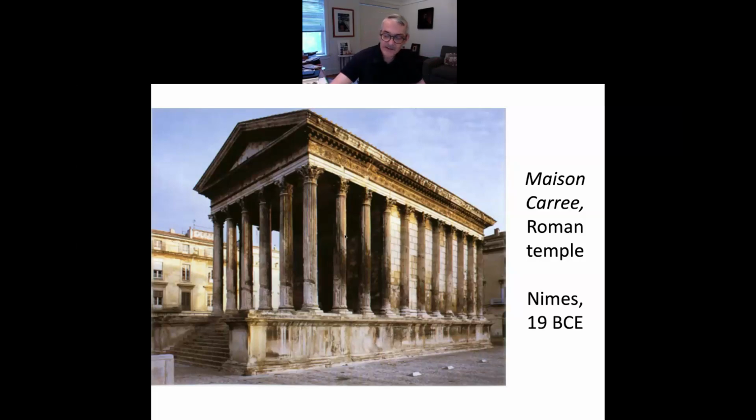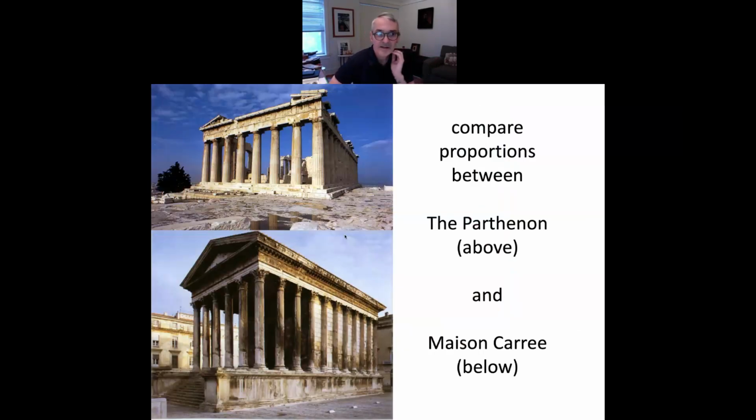The Greeks, here's the Parthenon, had a platform with steps all the way around so that you could enter from any direction, and there would be a colonnade all the way around, and then the interior, the cella, would be smaller, underneath the roof. The Romans just have an entrance, and you see the wall goes all the way out to the columns.